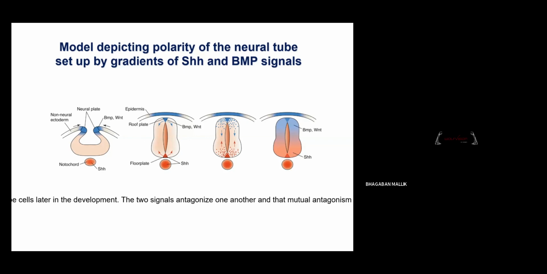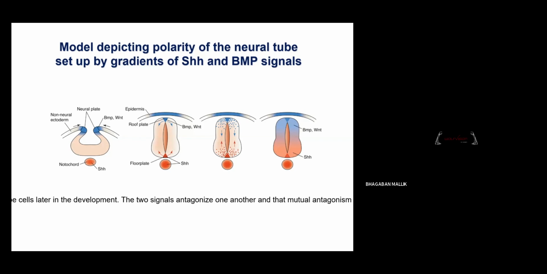You have more BMP or Wnt signal here, and it acts as a morphogen, so it acts as a gradient. You have more expression of BMP or Wnt on the dorsal side, and that goes down when it comes to the ventral side. So this is how the interaction of the dorsal signal and ventral signal, this is how the dorso-ventral patterning happens during the development of the neural tube.